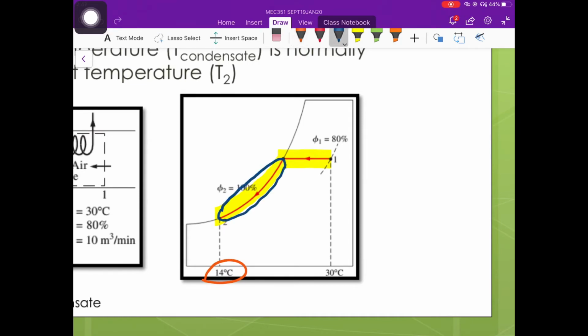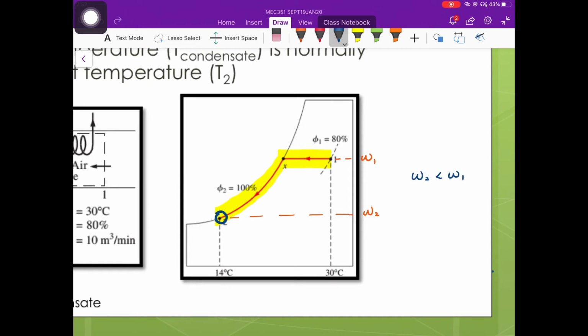This portion represents the condensation. At state 2, the relative humidity will be 100%. This is what it means by the result from this process will be saturated and cool. The moisture removal is represented by the specific humidity.